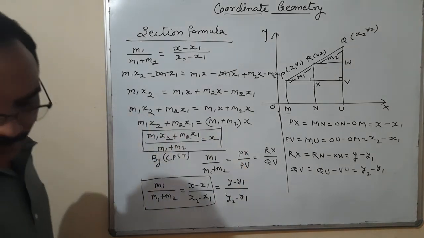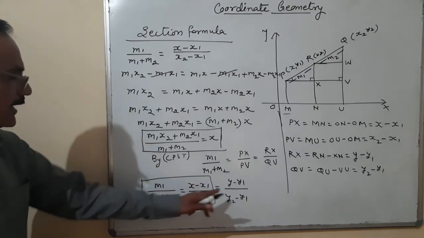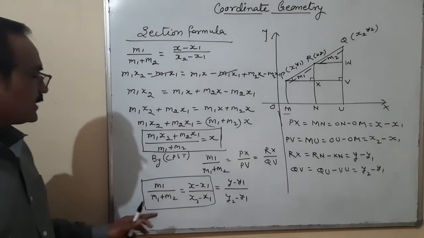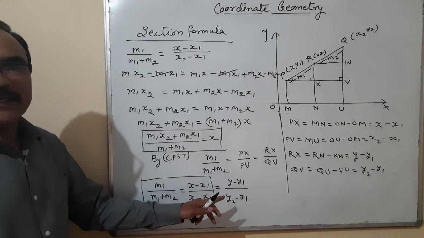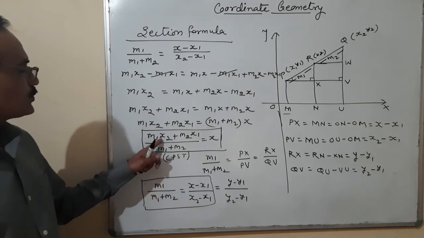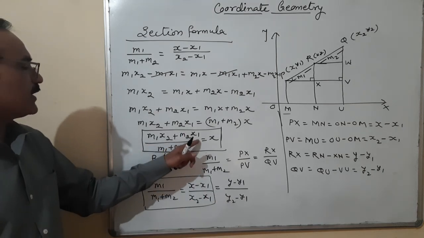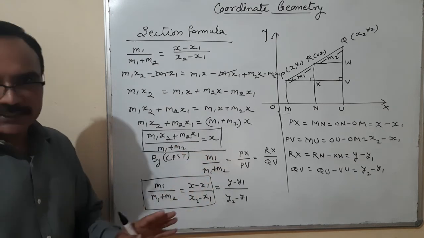Okay. Now if I take first and third, then only the replacement is, in place of x there is a y. So where there is x2 it is y2, x1 it is y1, this is y. Only this is the difference.